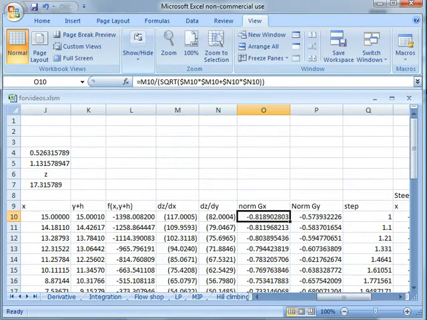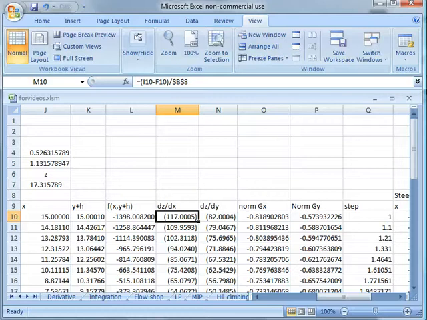Well, by normalize, it means the following: the derivative as it is right now is showing 117 and 82 negative, but a vector of that magnitude would be probably too long. So what we do is we normalize this vector to have a norm of 1.